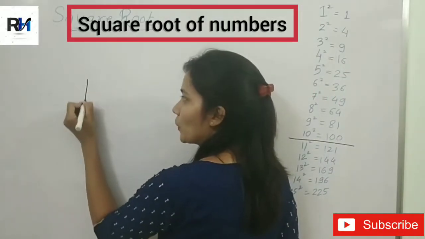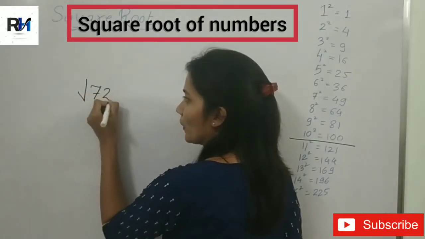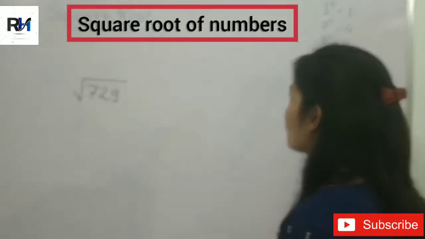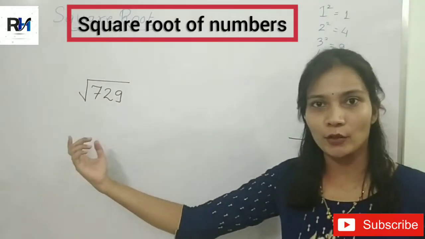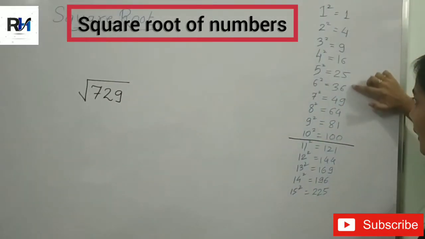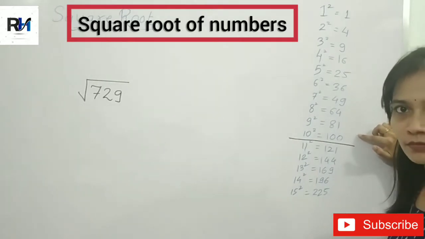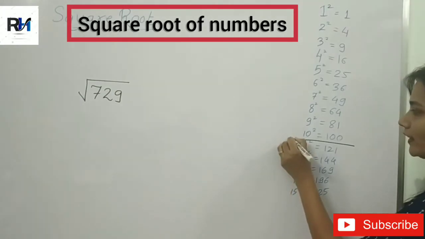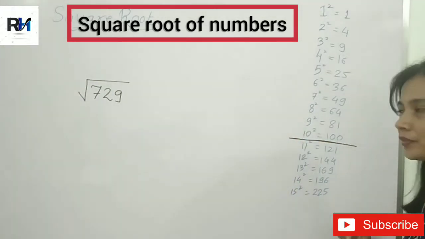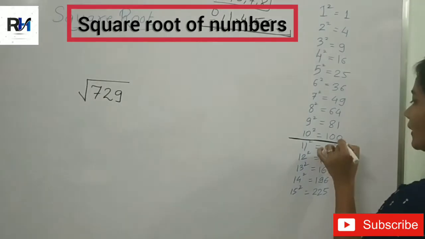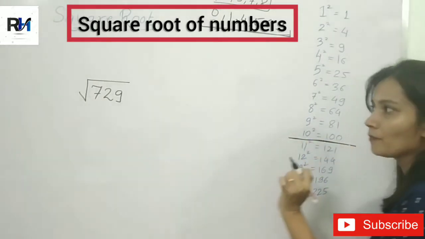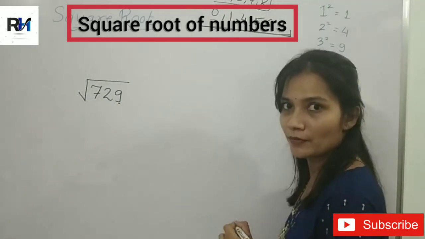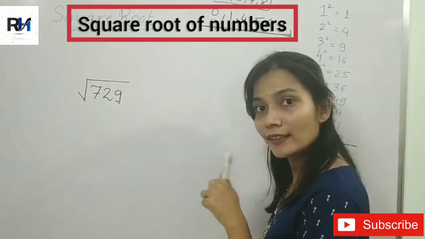Let us find the square root of 729. Now let me tell you one thing. For finding the square root, these are the end digits of the squares of the numbers. We have to take only up to 10 squares. Now we have to focus on the last digit, the unit place digit, that is 9.